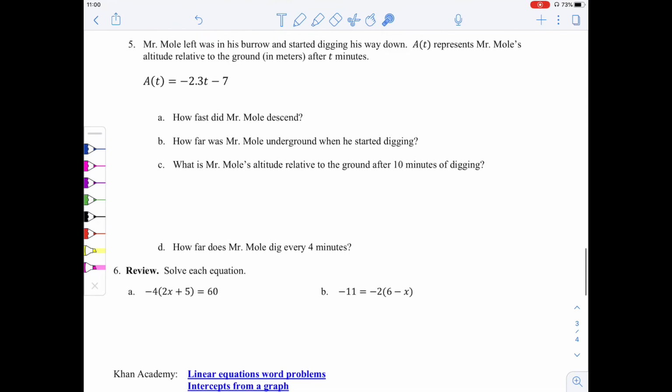Bam. Okay, 5. Mr. Mole was left in his burrow and started digging his way down. A(t) is his altitude relative to the ground in meters after t minutes. So again, you identify. You know what the slope is right there. You know what the initial value is, which is your y-intercept. So this is rate of change, always, and this is your initial value.